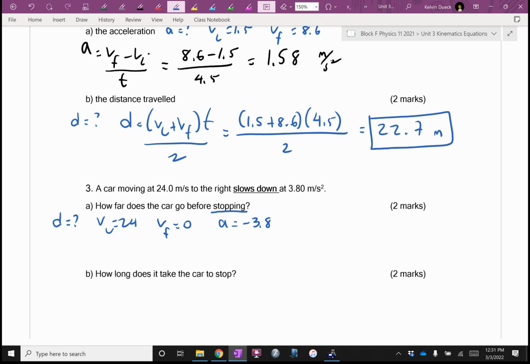I think I'm going to use v_f squared equals v_i squared plus 2ad. I think I'm going to end up with d equals v_f squared minus v_i squared all over 2a.